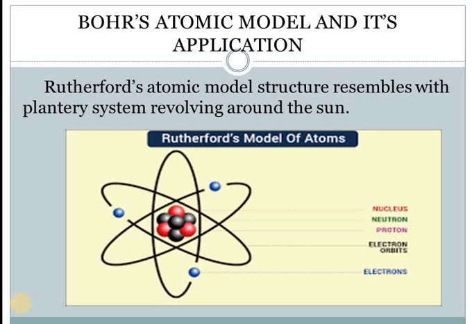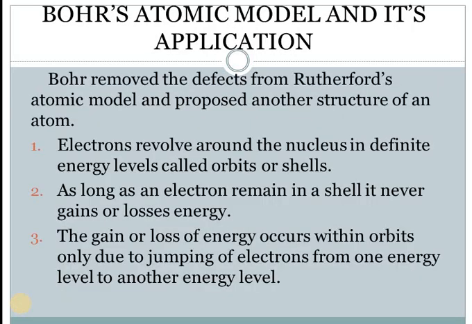We can say that all the electrons present are revolving around the nucleus, and in the nucleus are protons and neutrons. Mostly this question comes in your short questions: explain Bohr's atomic model and its applications, or give the important features of Bohr's atomic model.